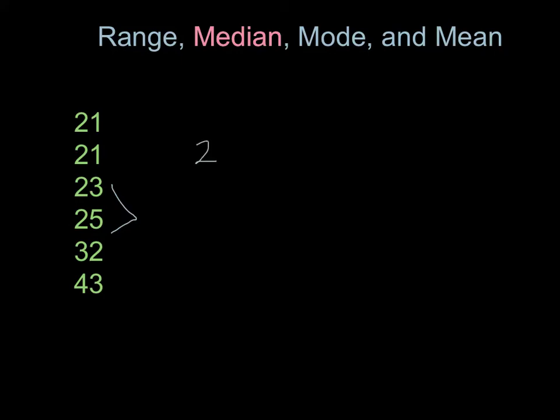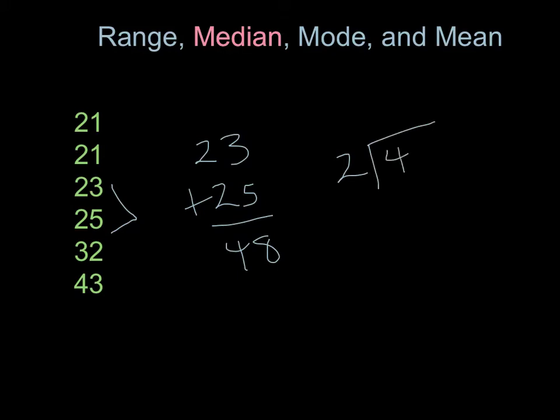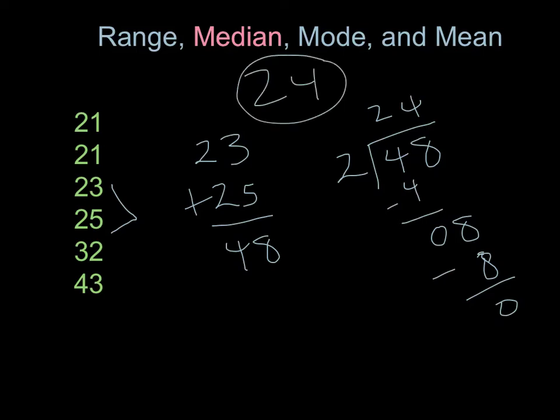So we would add them, and then divide by the amount of numbers, which is 2. So 24 would be our median.